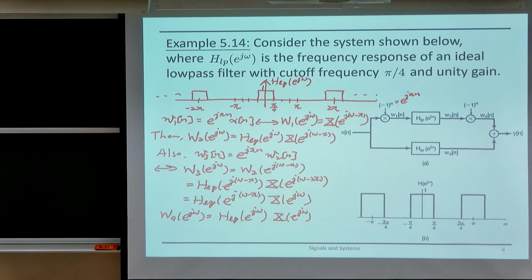Then the output of the entire system is just the sum of W3 and W4.